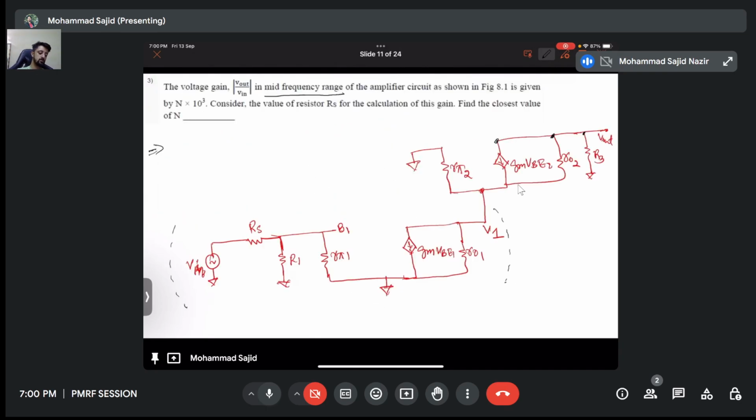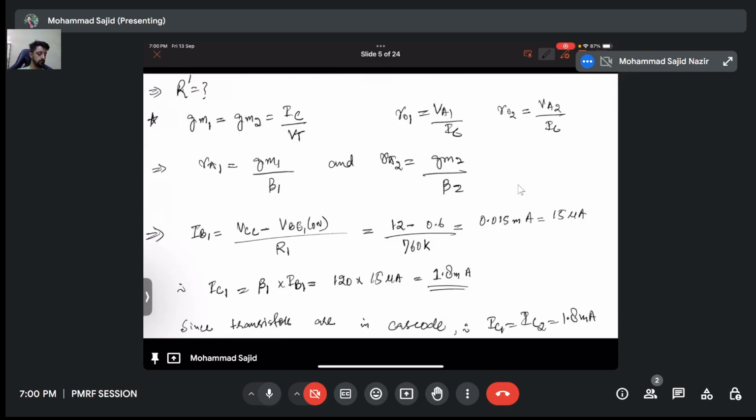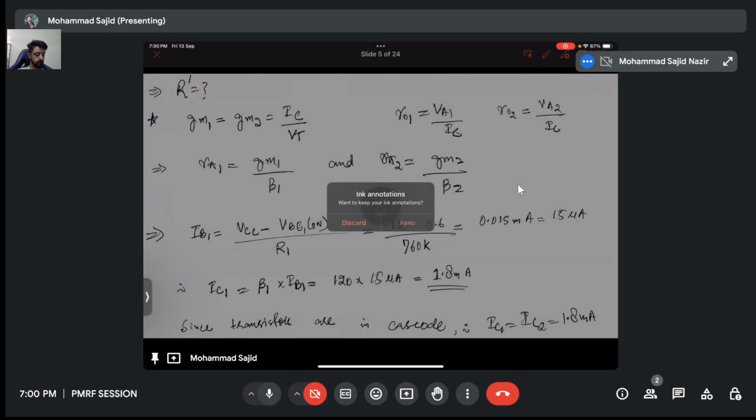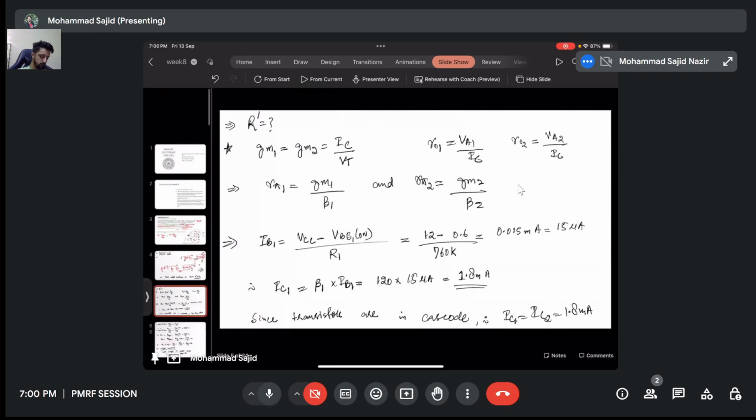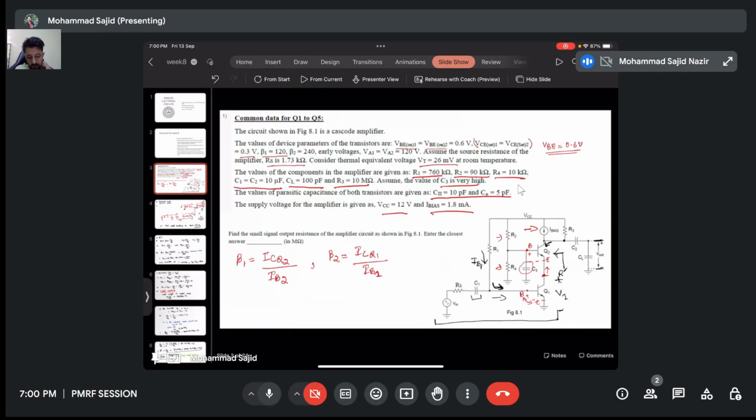Let's go back to the first part. So when you calculate R out here, it is the output resistance looking into the drain terminal.